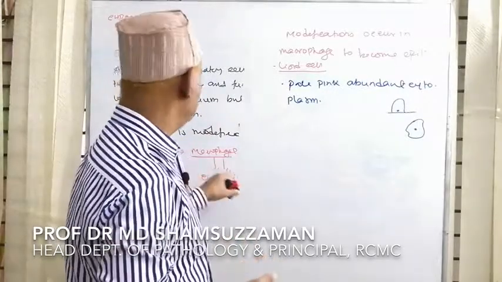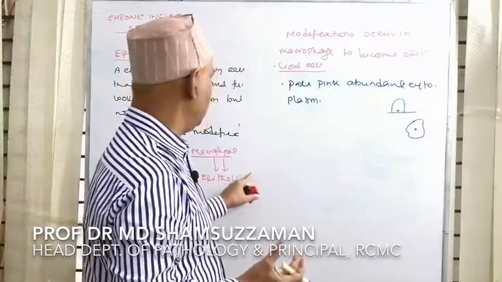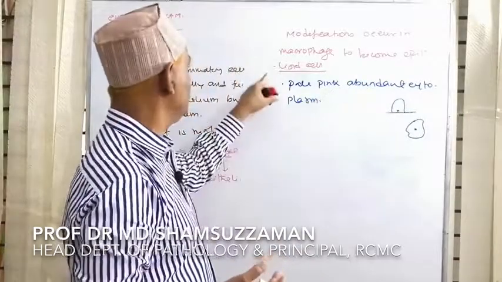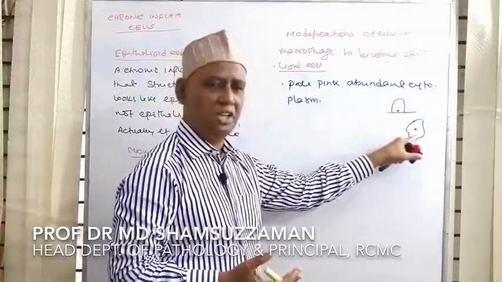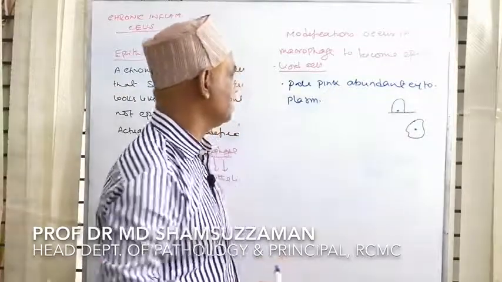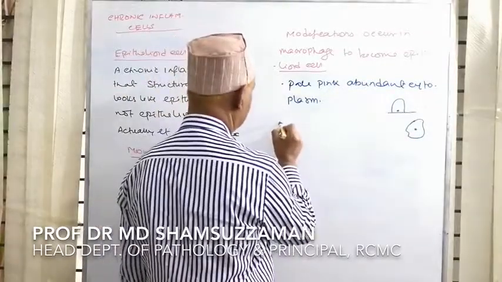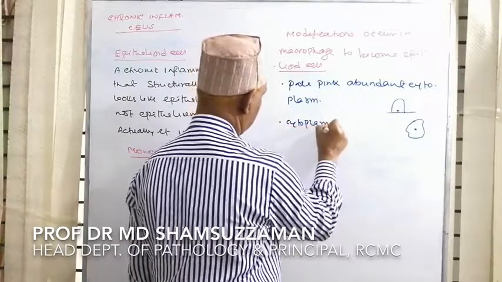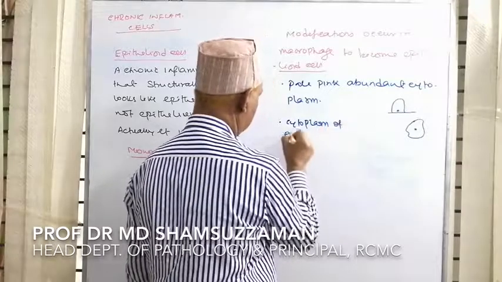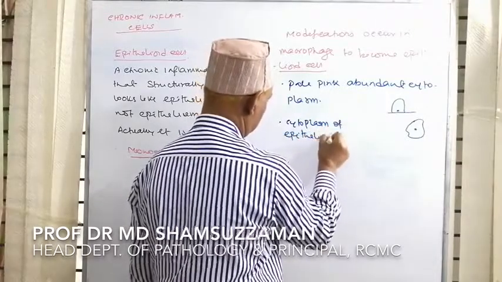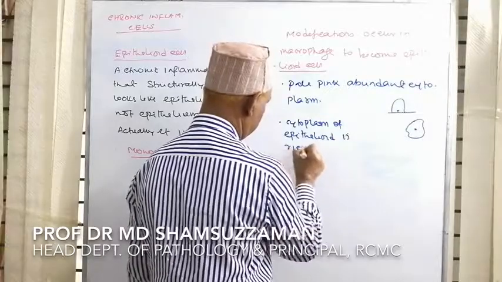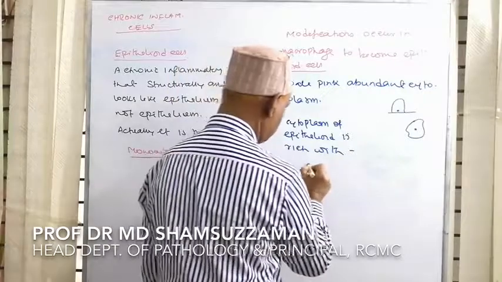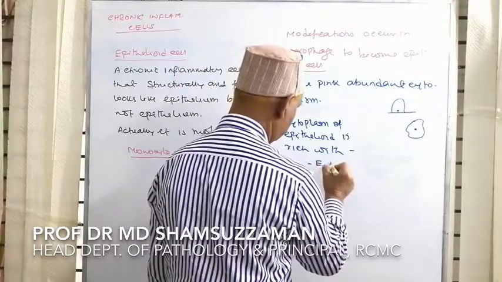First modification, the cytoplasm is increased in amount and the cytoplasm becomes pale pink, and the amount of cytoplasm within the epithelioid cell is like that of the epithelium. So pale pink abundant cytoplasm is the first modification. Another modification, the cytoplasm of epithelioid cell is rich with what? Rich with endoplasmic reticulum.